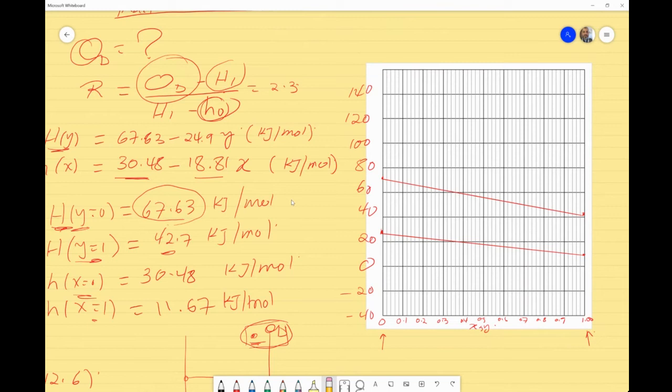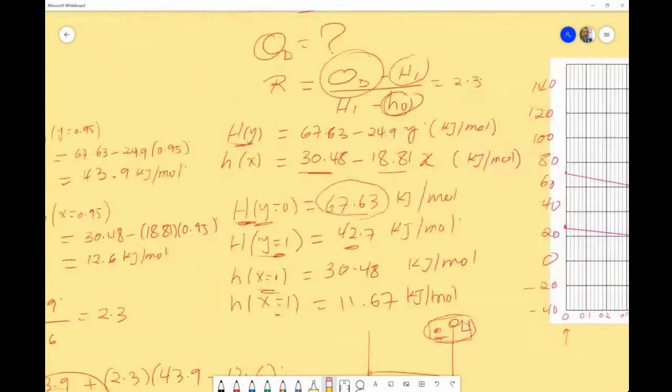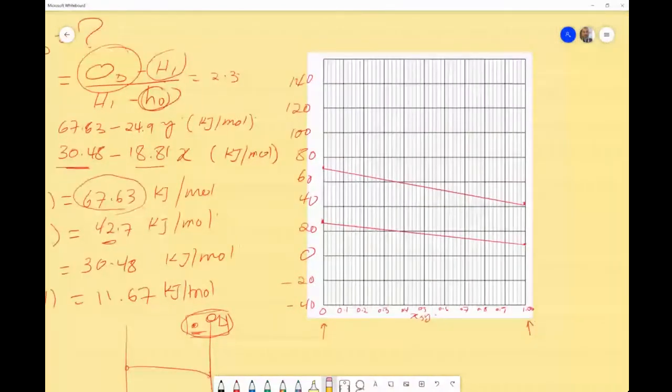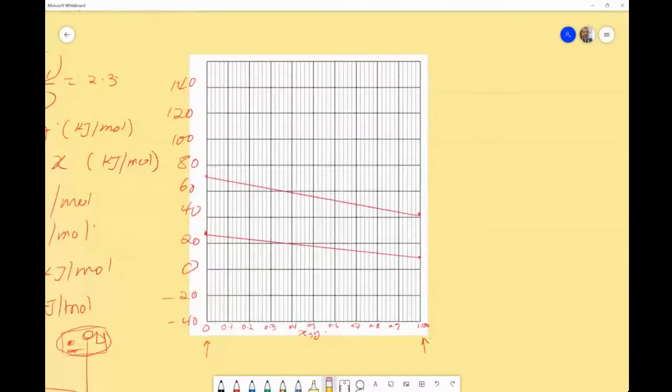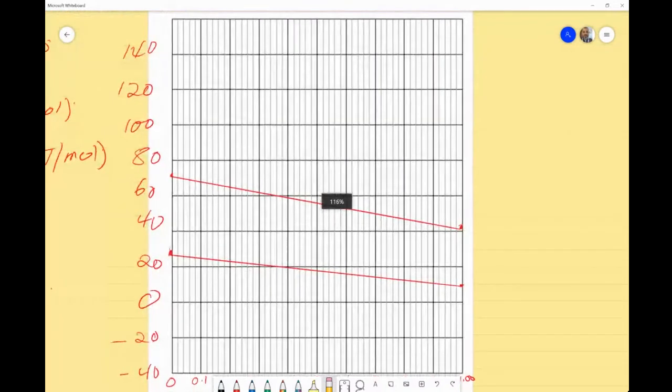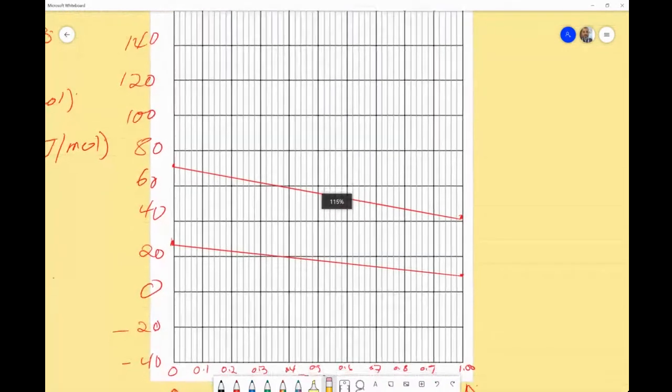Tamam. So far, so good. Now, what are the points I want to determine now? OD. Where's OD? OD I already determined. OD is 115. So 115. Here we go. Just a little bit here. Okay.